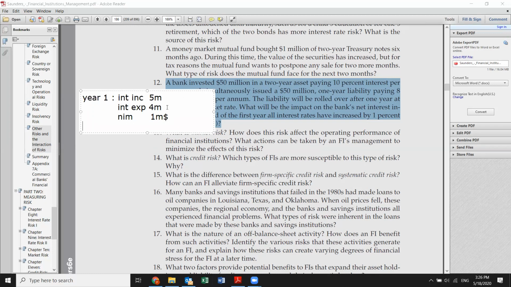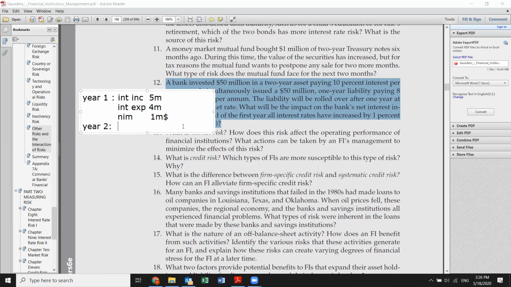And in year 2, look, it's 2 years against 1 year. So our variable rate will be changing for liabilities only.